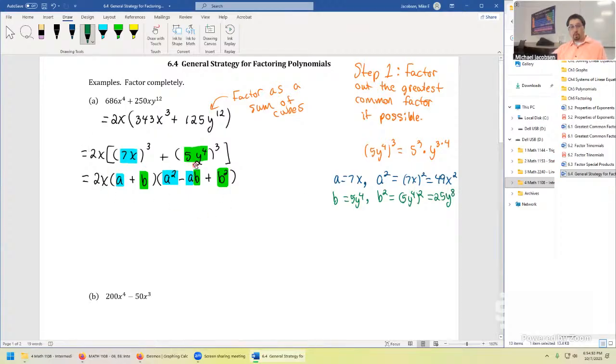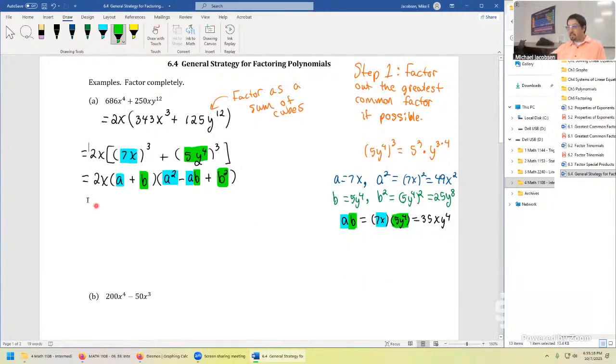So that's all the portions except for a times b. We might as well multiply that out. A times b is going to be 7x, 5y to the power 4. When we multiply these together, this is just going to turn into 35x y to the power 4. So that's the a part, that's the b part.